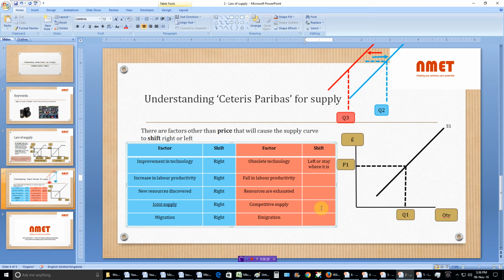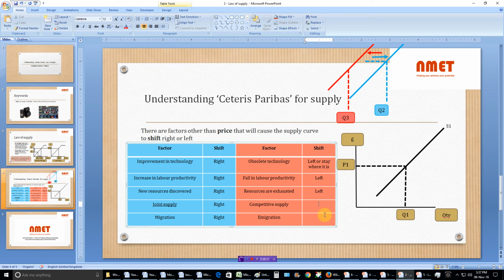They wouldn't produce as much, and it would go left. It will go left. Well done. If resources are exhausted, like our North Sea oil has been diminishing over the years, what's been happening to the fuel supply in the UK? It's been diminishing. That is why we need more investment in the North Sea. So it shifts the supply curve to the left.